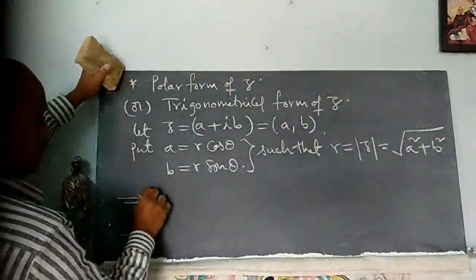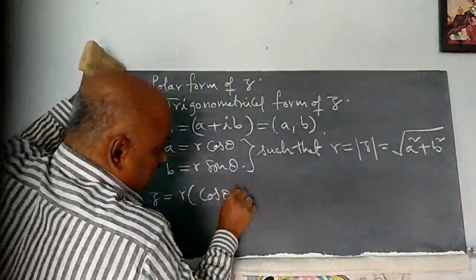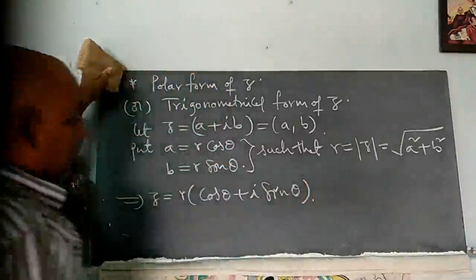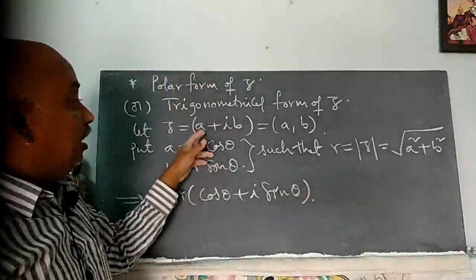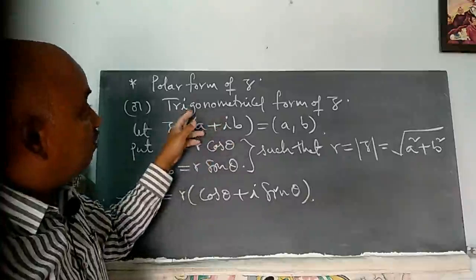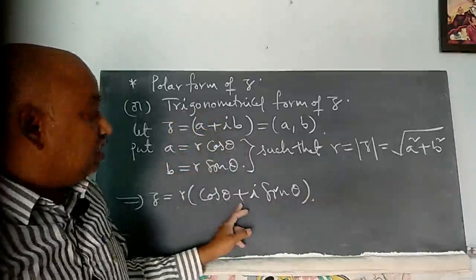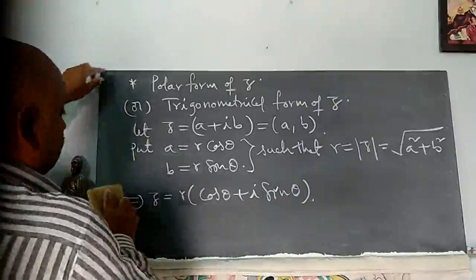This implies Z is equal to R into cos theta plus i sin theta. This expression is called the polar form, or trigonometrical form, of the complex number A plus iB.